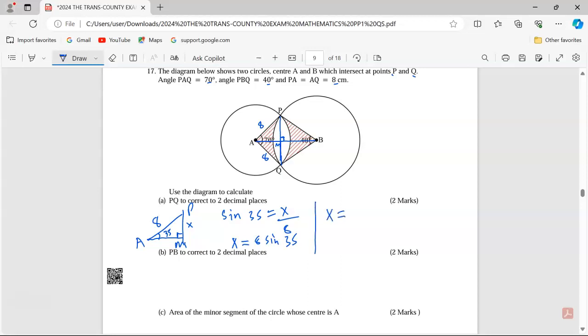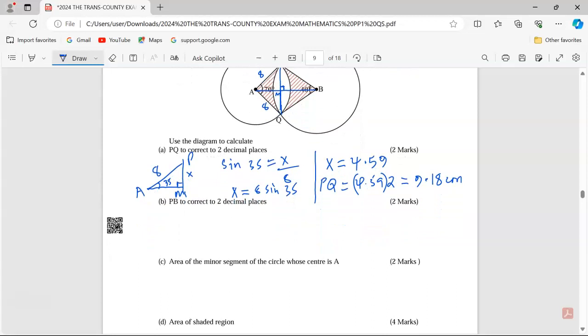X is equivalent to, when we multiply this, 4.59. Then for us to get PQ, we multiply 4.59 by 2, and this will give us exactly 9.18 centimeters to 2 decimal places.